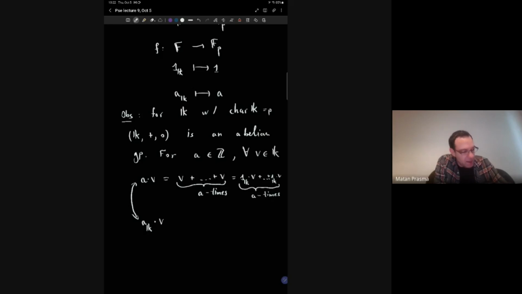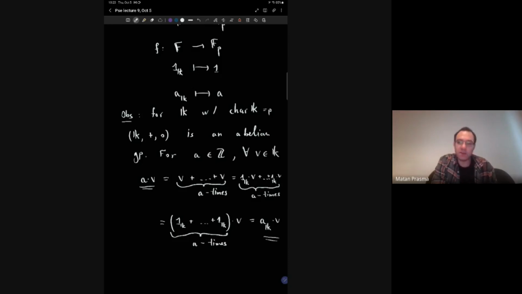And by the distributive axiom of fields, I am allowed to write it as (1_K plus itself a times) times V. And this, of course, by definition, is our a_K times V. So you see the two notations coincide.